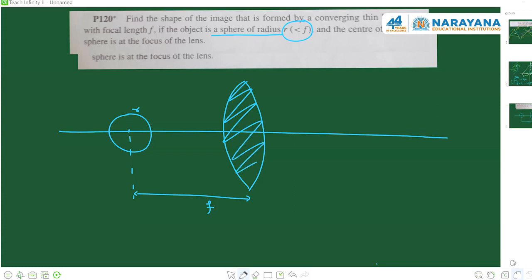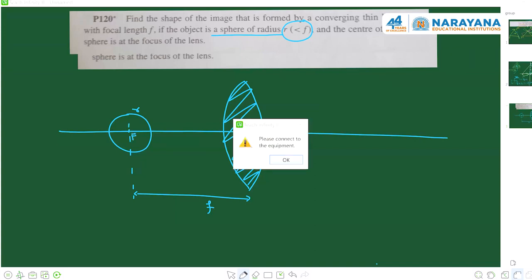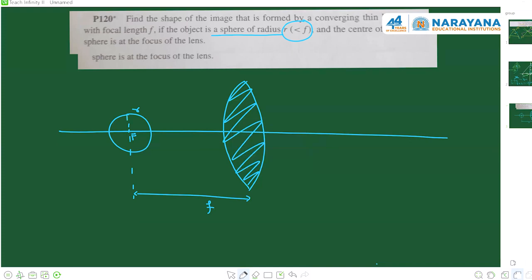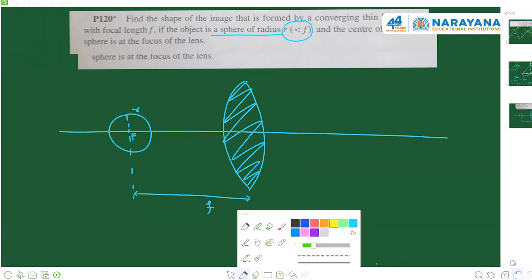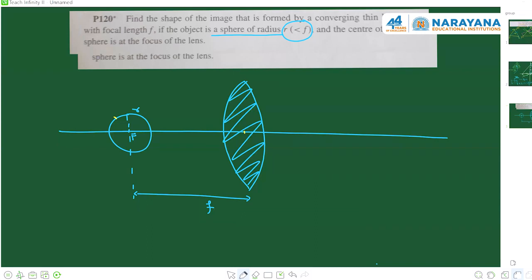All the rays come out from different points of the sphere. Let me treat this point as my origin. I'm solving this problem in 2D first, and later in the final step I'll rotate this setup about this axis with some omega, and that will help me analyze the problem in 3D.